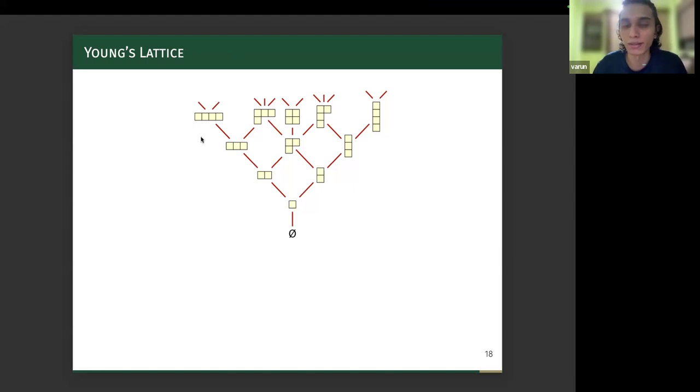So this is the Young's lattice. Now, if we have a partition, we can ask if it's even or odd. And so on the lattice, we can look at the subgraph of partitions that correspond to odd partitions.